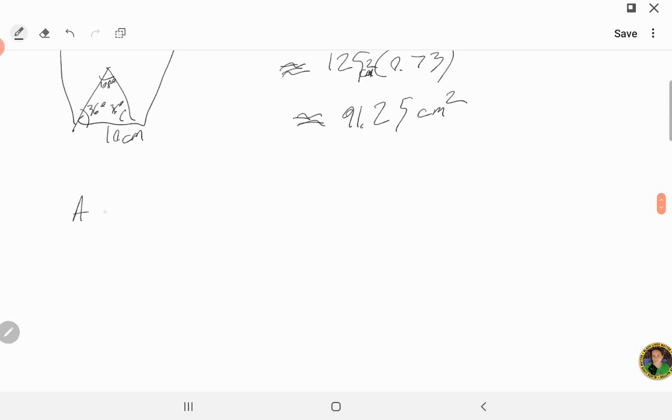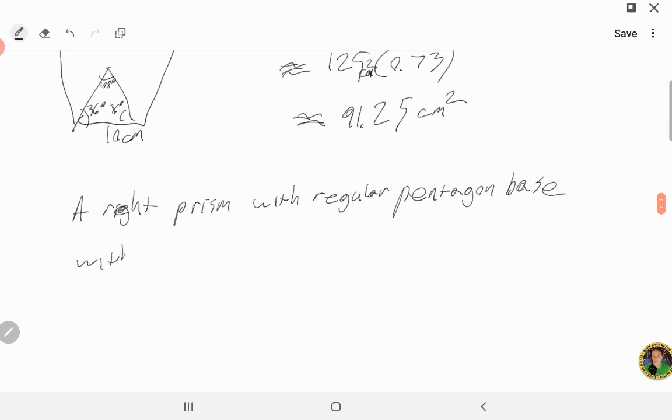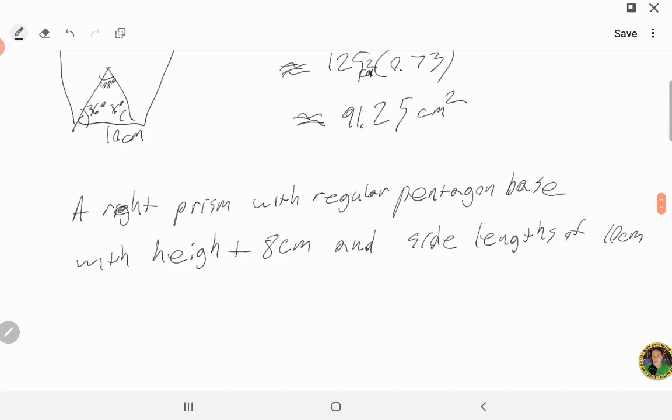If we had a right prism with regular pentagon base, with height 8 centimeters and side lengths of 10 centimeters. We know we already did the area of the pentagon, and that's really the hard part.